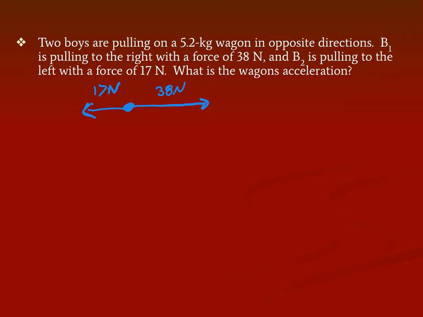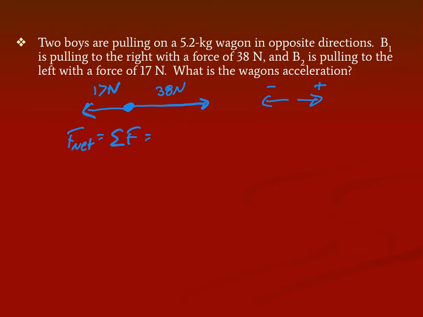So net force is equal to the sum of all the forces. In this case, it's easy. It's just one dimension, right? So I'm going to call, in my frame of reference, left positive, right negative.